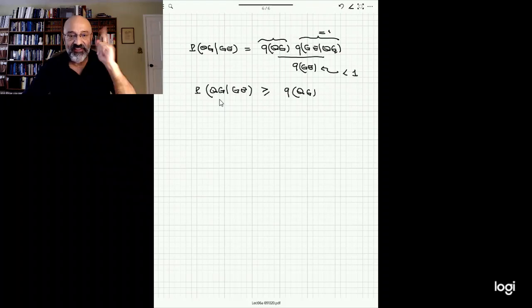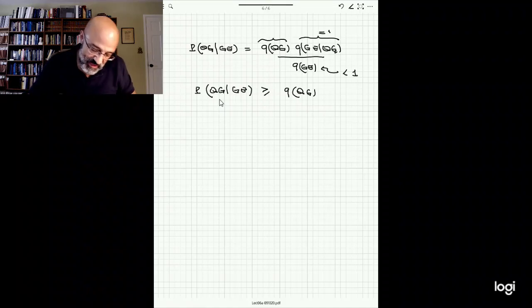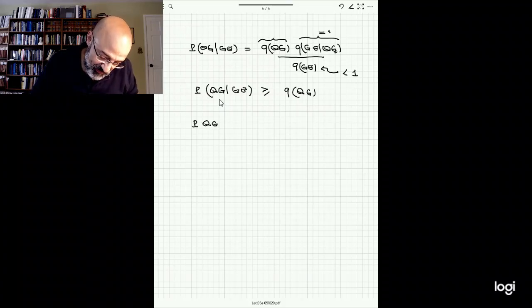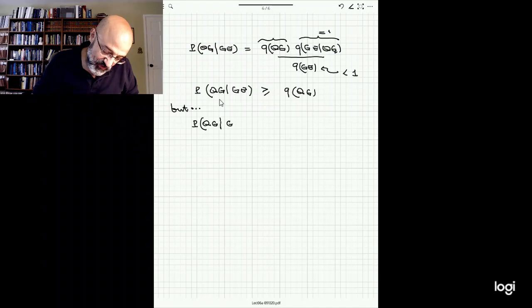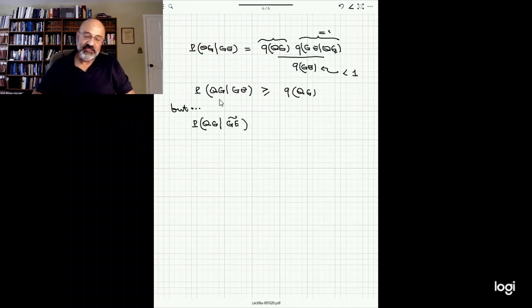However, there is another thing that we can actually do, which is, suppose that we were to write the probability of quantum gravity. So this is where it gets interesting too. The probability of quantum gravity, given that you do not observe entanglement.